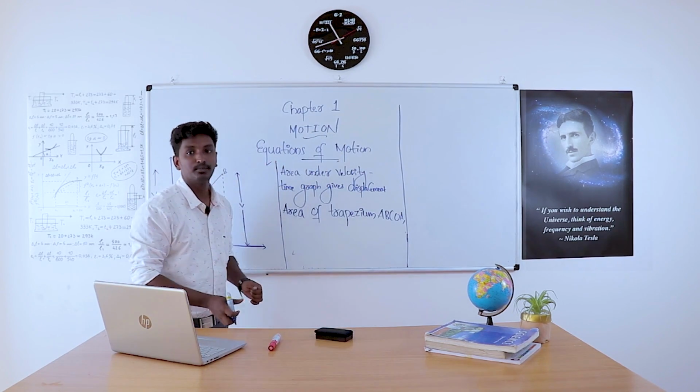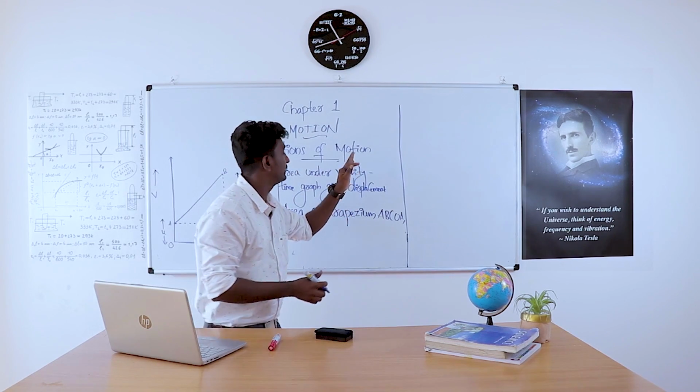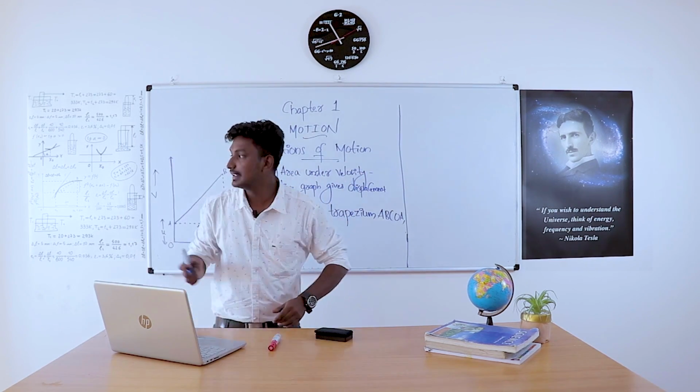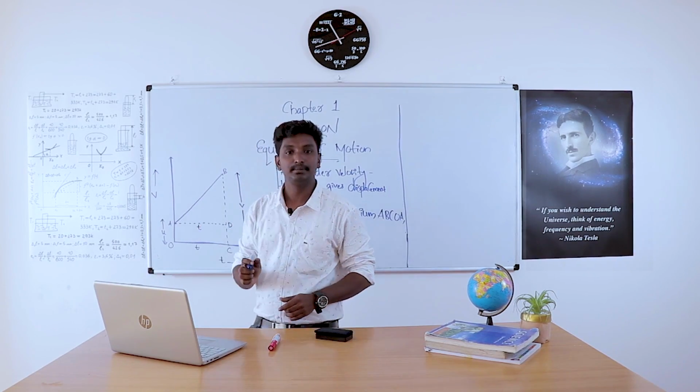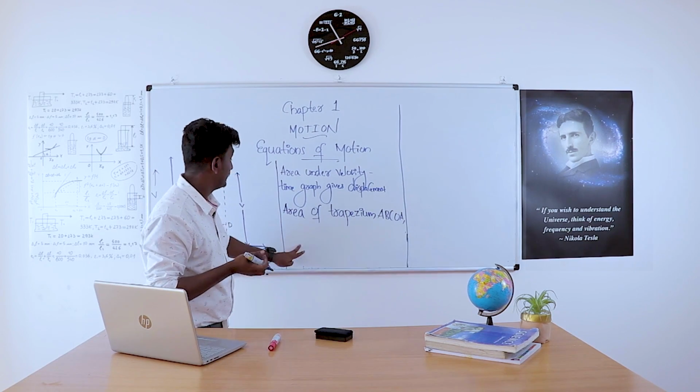For the third equation of motion, we are using the same condition. Area under velocity time graph gives displacement. That means the area under the graph is in the shape of a trapezium. Therefore, we are going to find the area of the trapezium, but in another way.